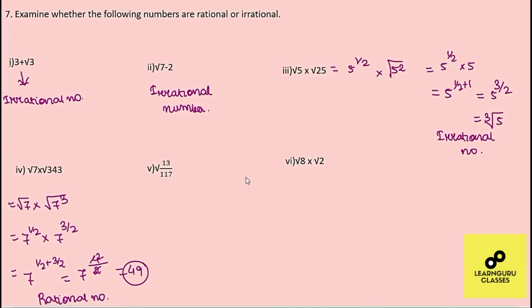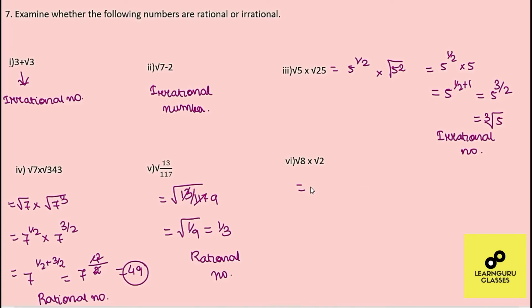Okay. Next is root over 13 by 117. So 13 into 9 is 117. So this is root over 1 by 9. So that is 1/3. So 1/3 is a fraction, so that is a rational number. Okay. Root over 8 into root over 2.